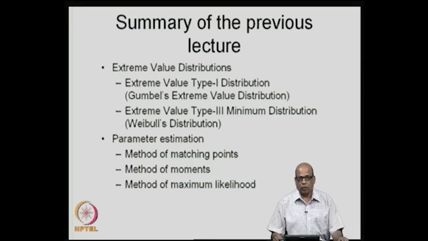Let us say if you have 2 parameters, you deduce 2 probabilities from the available observations and equate them to the theoretical probability that would result from the use of that specific probability distribution. By equating these, you will be able to get the parameters of that particular distribution.